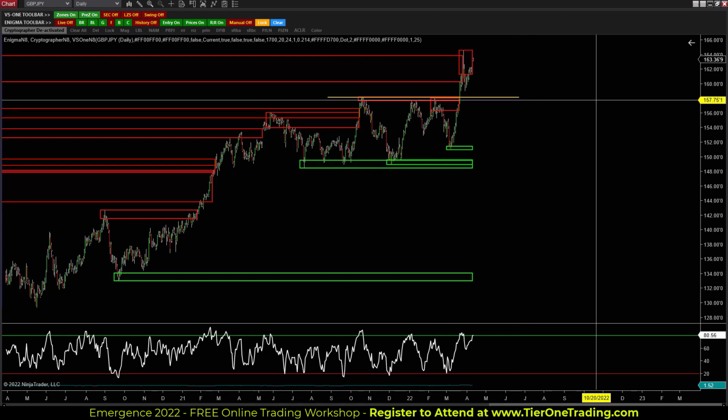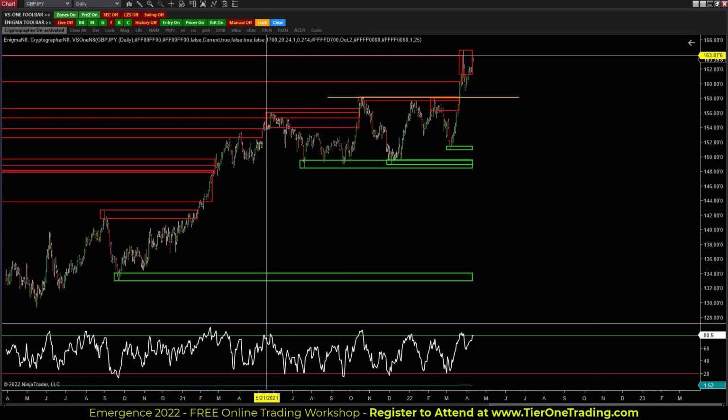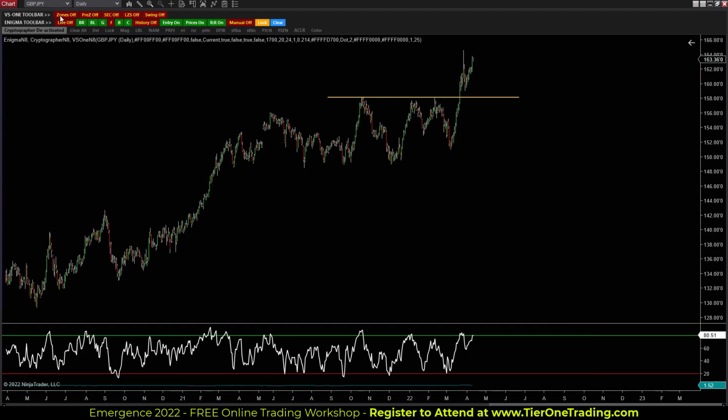So here's the question I would ask, right? So we took out this level of structure. So what's next? If we don't use the most recent level of structure that hasn't been violated, what's next? How else can we make a prediction on where price action is at and what price action is likely to do? What else can we use, guys?